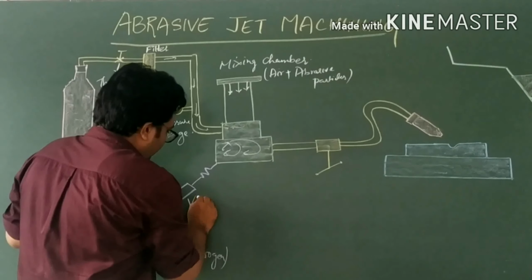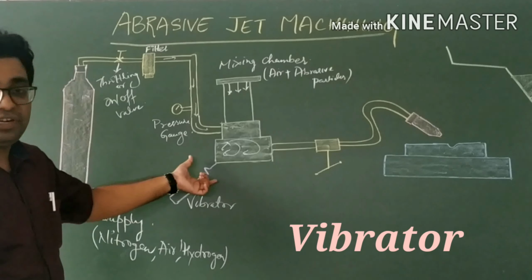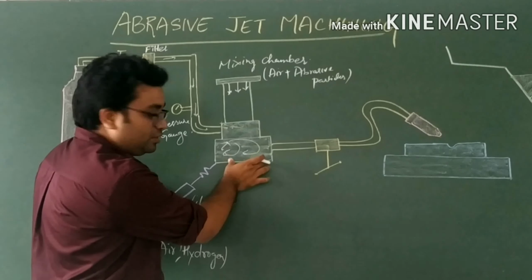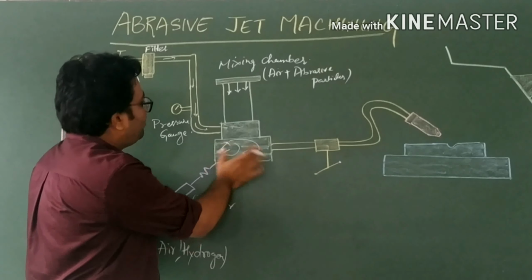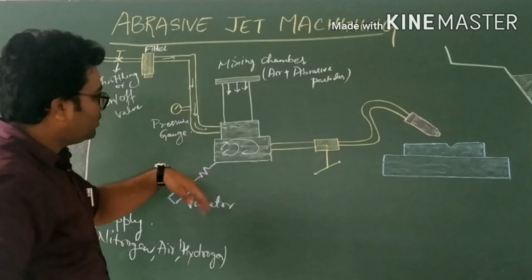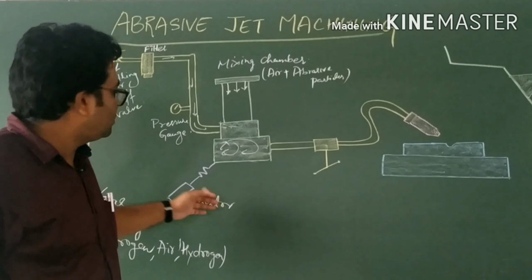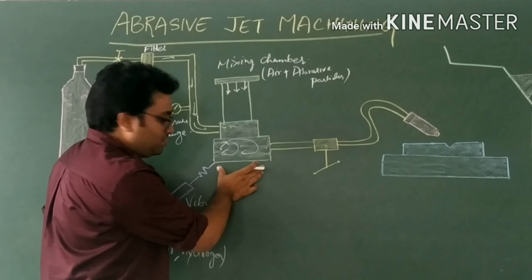Here is a component called the vibrator. This is a vibrator which is attached to the mixing chamber. The function of the vibrator is to vibrate the whole mixing chamber. Now, the next question will be, why use this vibrator? What is the use of the vibrator?